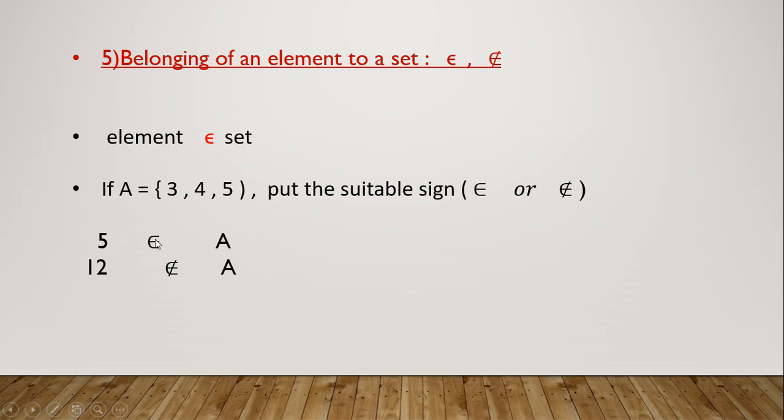Does the 5 here belong to A? Does the 5 exist in A? Yes, then 5 belongs to A. Number 12. Does 12 exist in set A? No, then 12 does not belong to A. Okay?